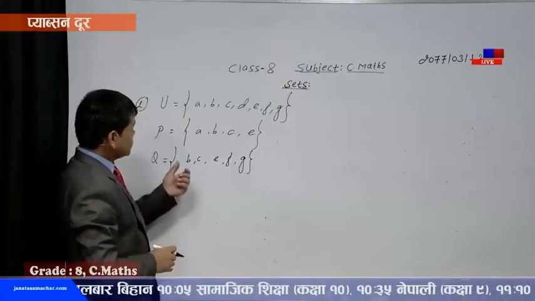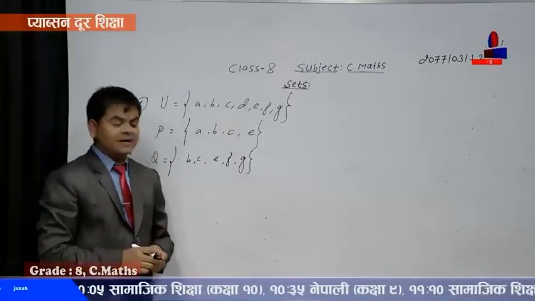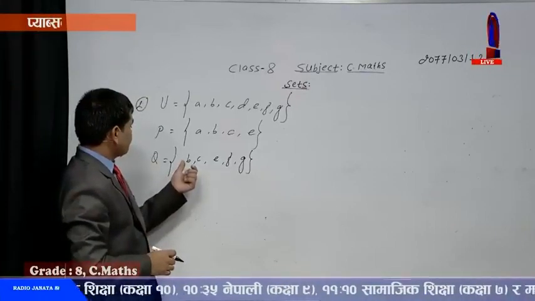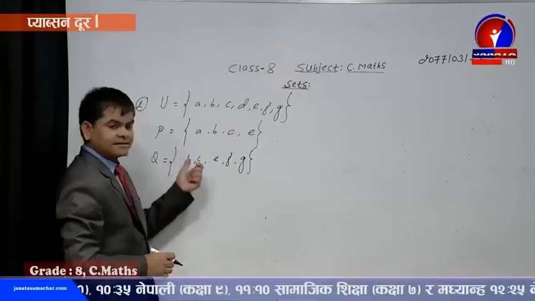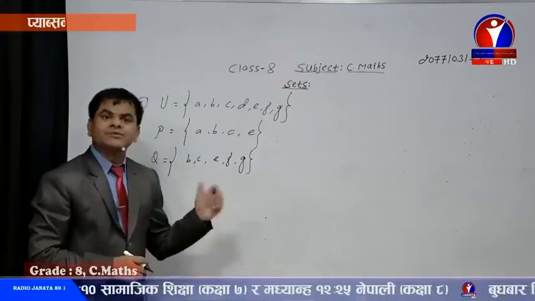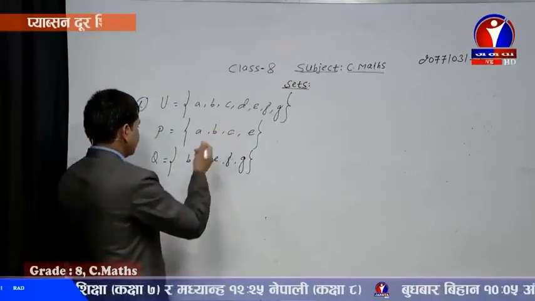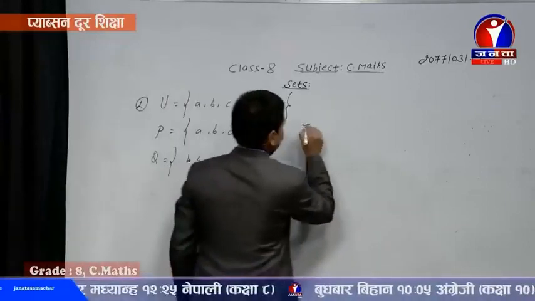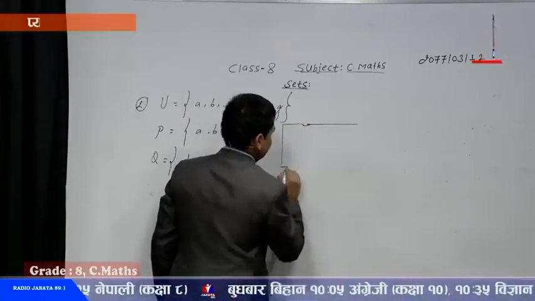Or sometimes, you might be asked to find the elements of P difference Q, Q difference P. So let's represent it once in a Venn diagram, dear students. What happens?